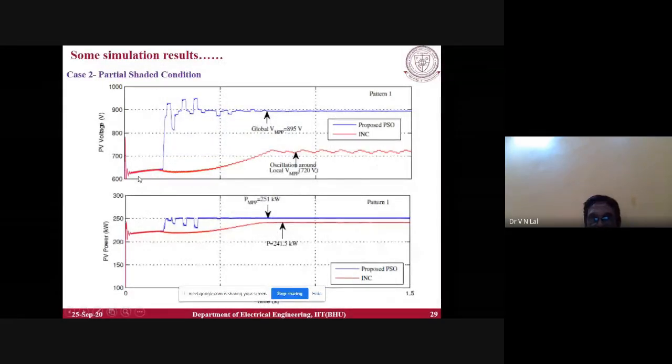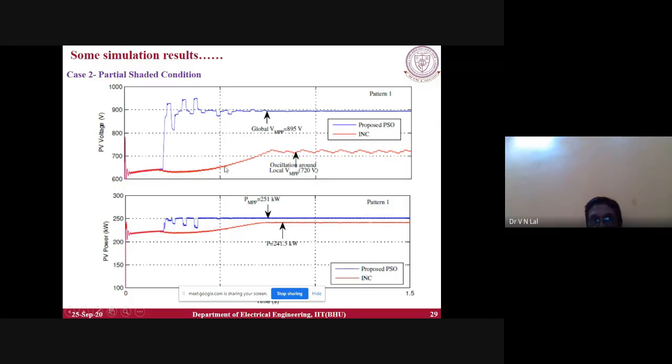At this point the initial reference is given equal to 650, and MPPT is enabled. Now with INC, the incremental conductance method, the better conventional method, both are searching. And INC is delayed in reaching this voltage.